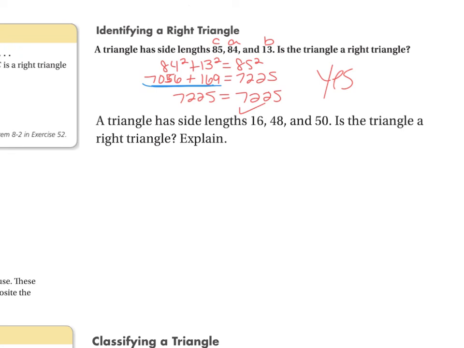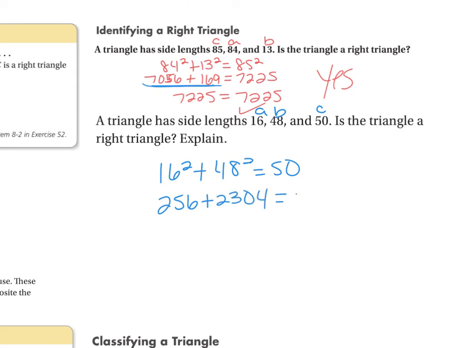A triangle has side lengths of 16, 48, and 50. Which one's your c? It has to be the 50. So I'll call this a and b. I have 16 squared plus 48 squared equals 50 squared. 16 squared is 256. 48 squared is 2,304 equals, that'll be 2,500.